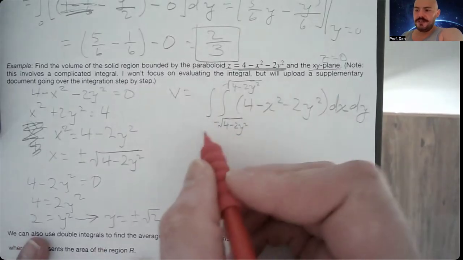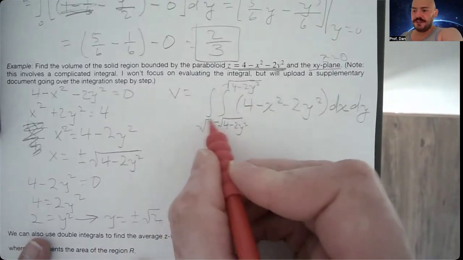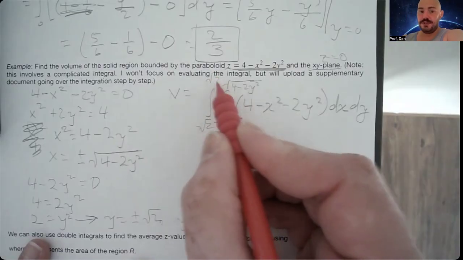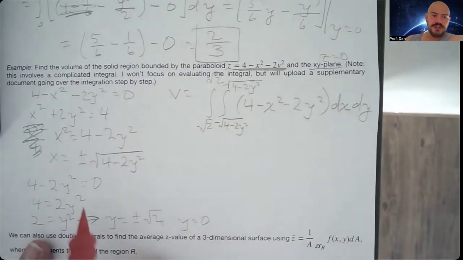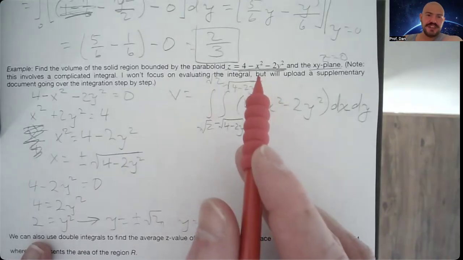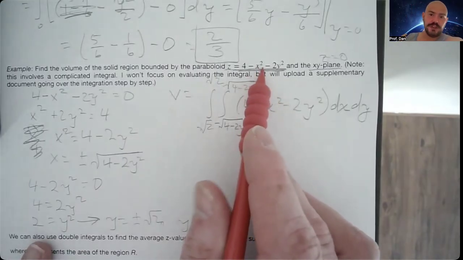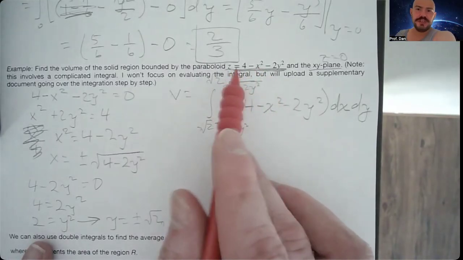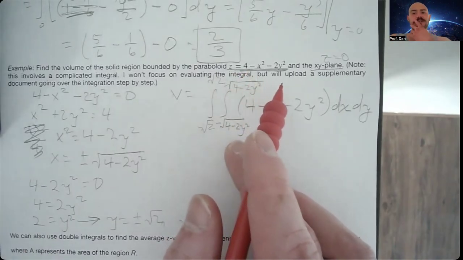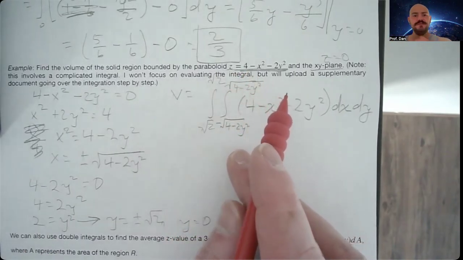That would be kind of silly though. So I'm just going to go from negative square root of 2 to the square root of 2. Okay. And again, we would get this by zeroing one of the variables and trying to figure out what makes our maximum and minimum z values.